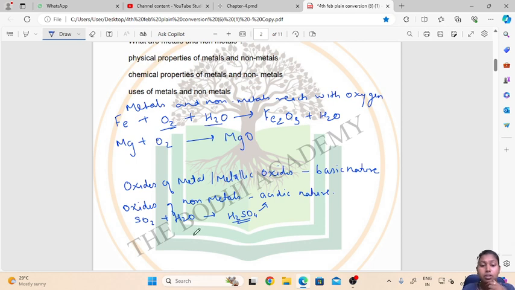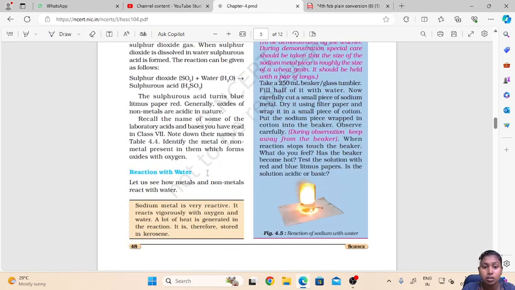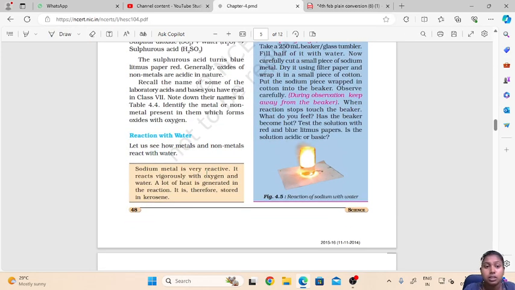So non-metal oxides are acidic in nature, whereas metal oxides are basic in nature. So these are the things that happen when non-metals and metals react with oxygen.